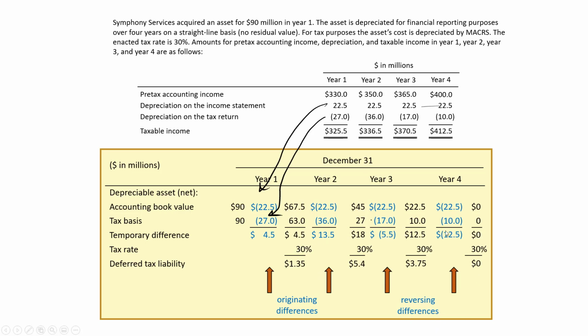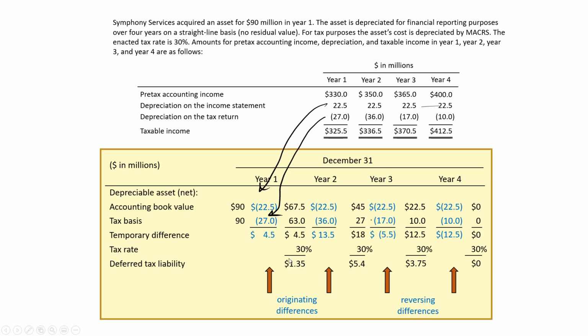But remember, a deduction on a tax return is whatever that deduction is times 30%, or times the tax rate, is the value. So we're taking the total difference in bases or the total difference in expense, multiplying it by 30%, and giving us a deferred tax liability. This is what it would be on the balance sheet at the end of every year.